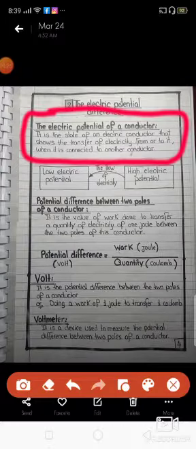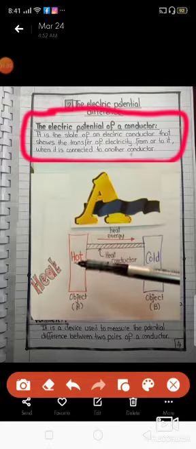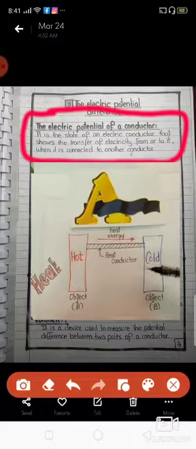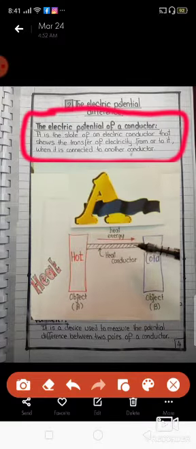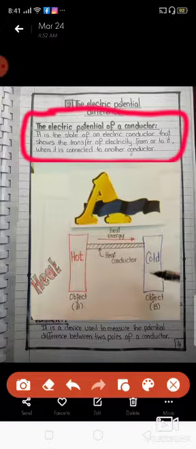To show what the potential difference means and how the electricity is transferred through conductors, let's understand the following example. If you have two objects, a hot object A and a cold object B, then connect the two objects with a metal bar, you will observe that the temperature of A decreases and the temperature of B increases until their temperatures become equal.